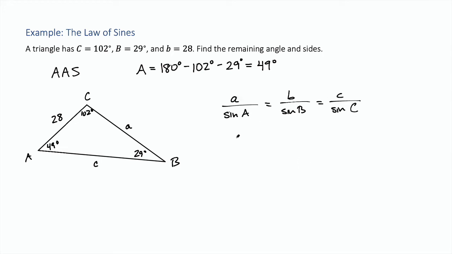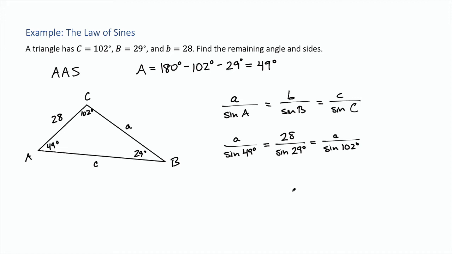So we don't know side length a, but we do know the angle A is 49 degrees. We know side length b is 28, and then sine of the angle B is 29 degrees. And then side length c we don't know, but the angle C is 102 degrees.